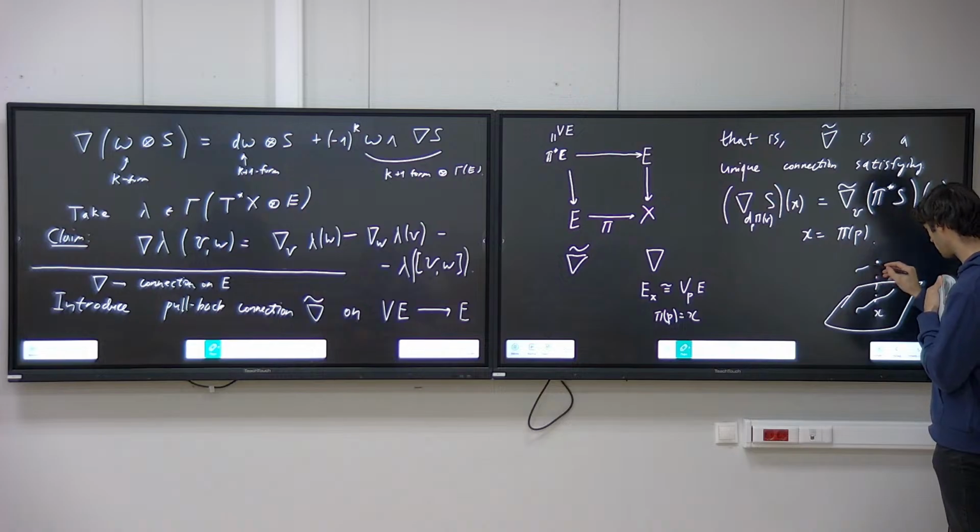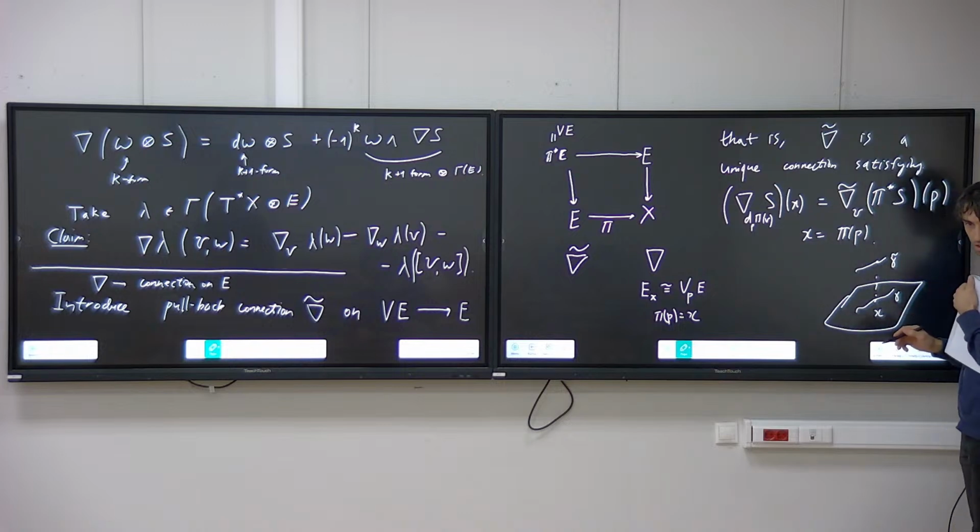So then you consider the curves which are parallel to X in here. If you have a connection, you know what a parallel curve is, and then you consider all the tangent vectors at P. This will give you some vector space, which will be exactly your horizontal bundle.